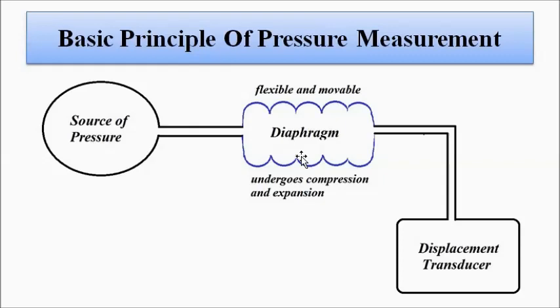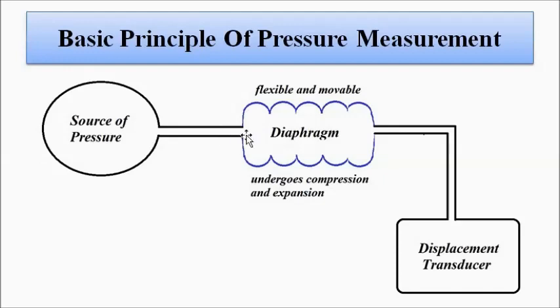Okay, we have also discussed about pressure measurement, primary sensing elements, diaphragm, bellows, Bourdon tube, we have all discussed. So here a diaphragm is used as a link between the source of pressure and the displacement transducer.